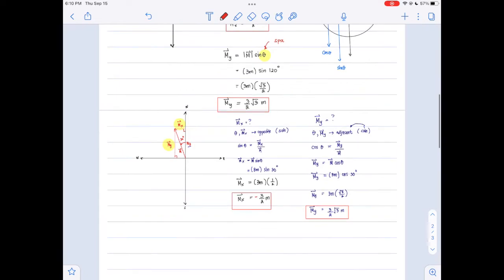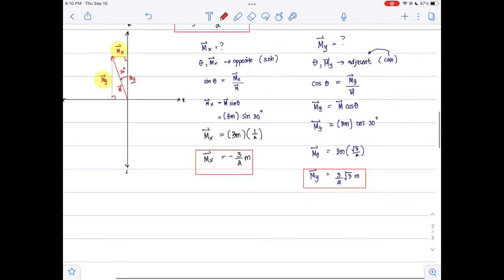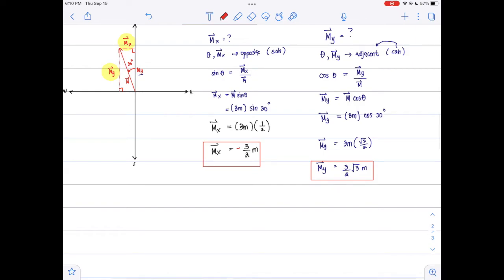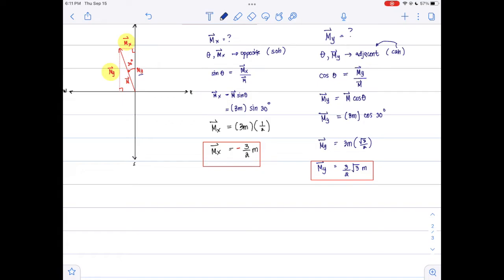The problem with this class, again, I am talking of the second method, no? The challenge with the second method if you opt to do this one is, firstly, you will wonder what should I use. Should I use sine or should I use cosine? That is one of its drawbacks. And second, you have to be careful with the sine, because in your thinking, as I've said, sine 30 is just 1/2.